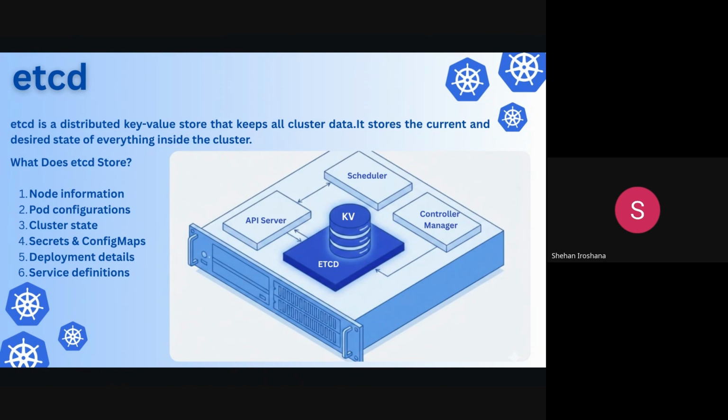Whatever the API server receives, configuration, deployment information, secrets, everything gets stored in it. It stores both the current state and the desired state of the cluster. For example, if we want three replicas of a pod, that desired configuration is saved in etcd, and all the control plane components rely on this data to make decisions. If etcd goes down, the cluster basically loses its memory. So it's one of the most critical components.